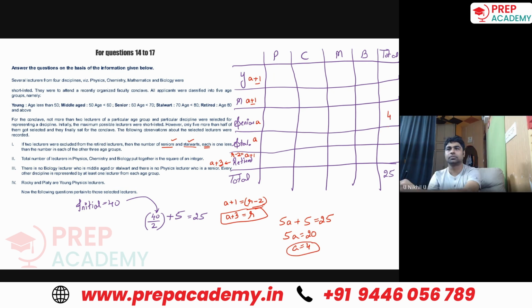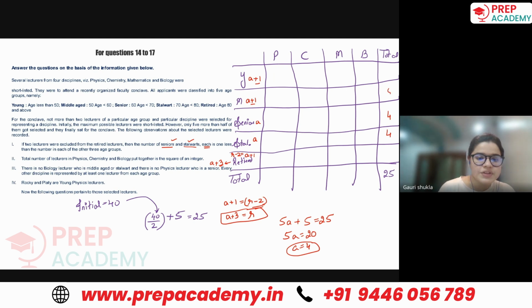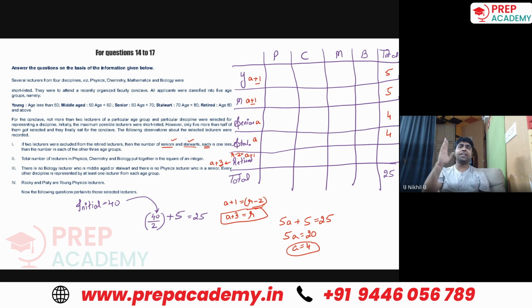The A values we are taking are for the people who were selected for the conclave. Everything now onwards would be only for the final selected people. Whatever is being said in observations 1, 2, 3, 4 is about the selected lecturers, not the shortlisted lecturers, those individuals who finally sat in the conclave.